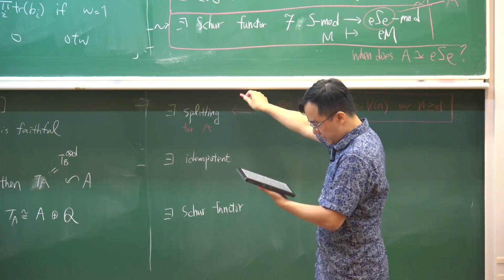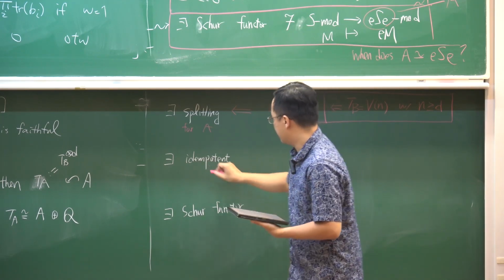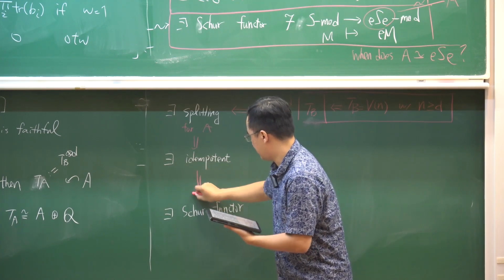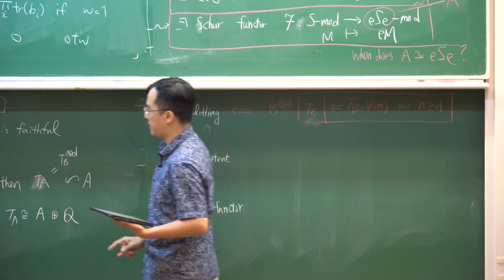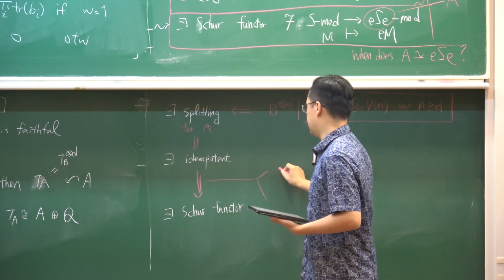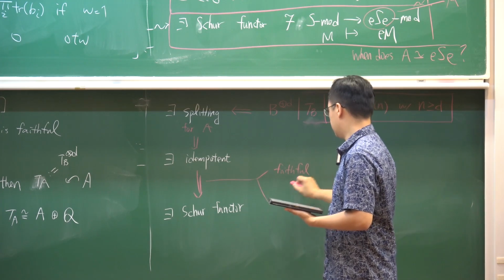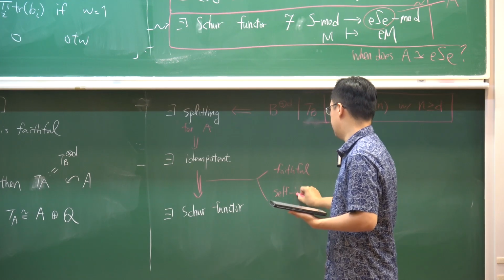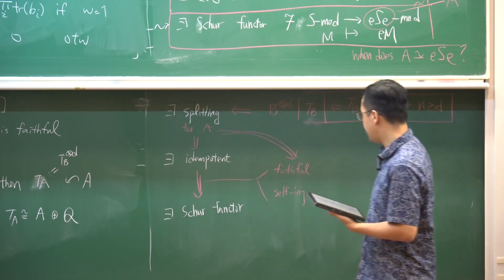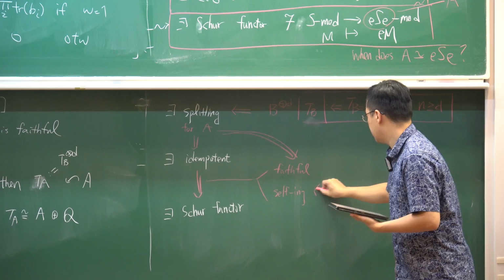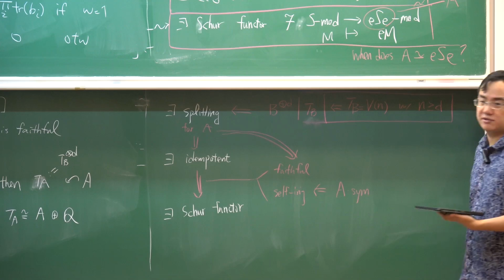And then once you have a splitting, you know that, oh sorry, I should write this down first. From idempotent to Schur functor, we apply the lemma from Curtis Reiner. You need to check first that it is faithful, and also that you have self-injectiveness. The faithful part comes directly from the splitting, so that is okay. And for the self-injective part, this follows from A being a symmetric Frobenius algebra.